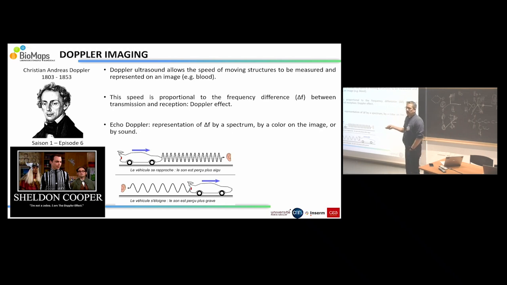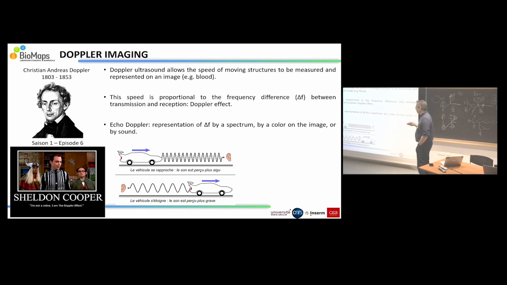I don't know if you watch The Big Bang Theory, but if you look at the first season, episode 6, he has a beautiful suit, and this is representing the Doppler effect. So the Doppler effect allows you to determine the speed of a moving source by just listening to the sound it produces.